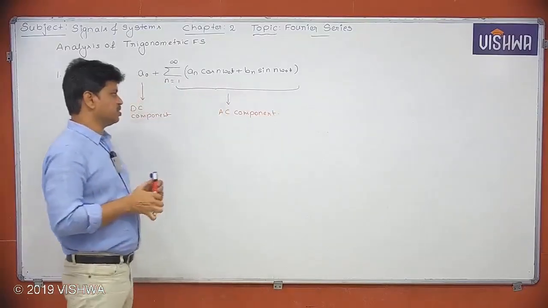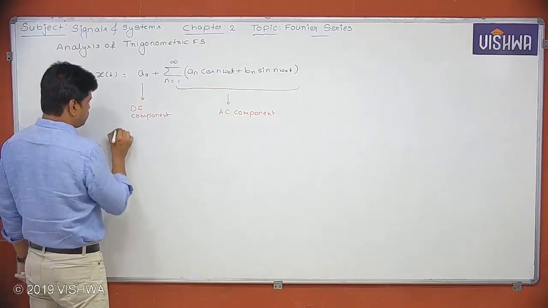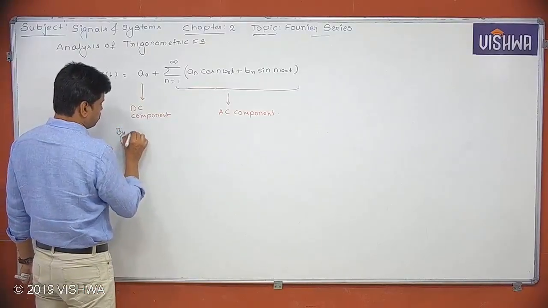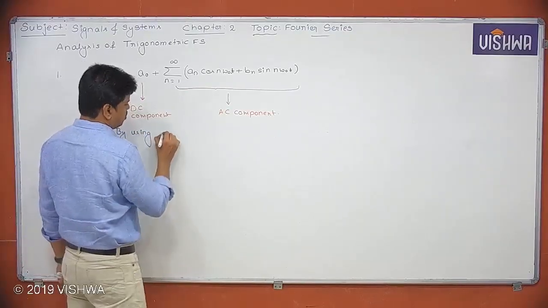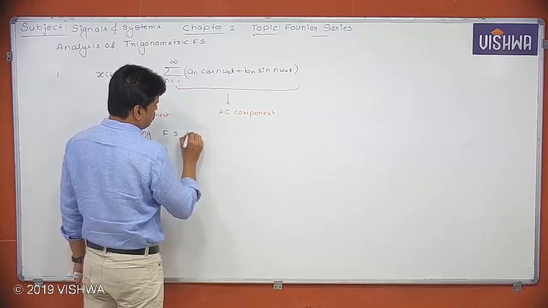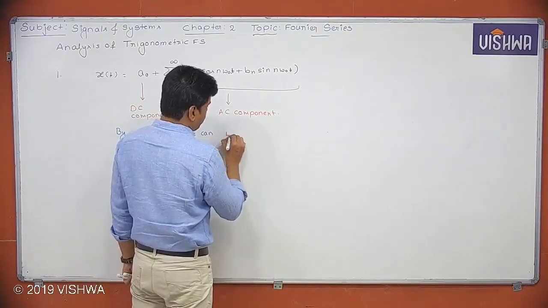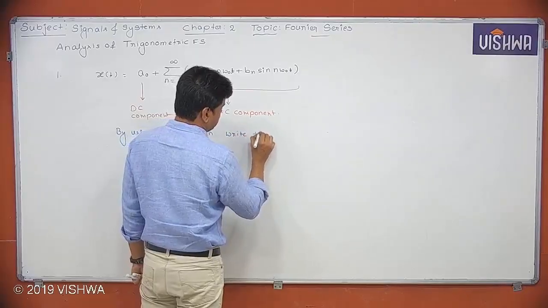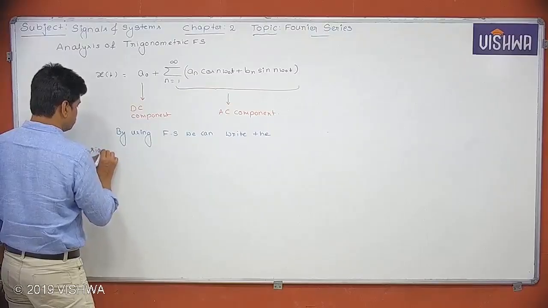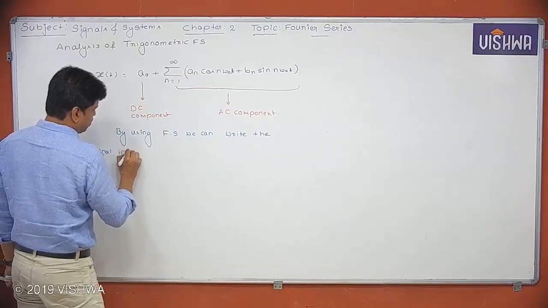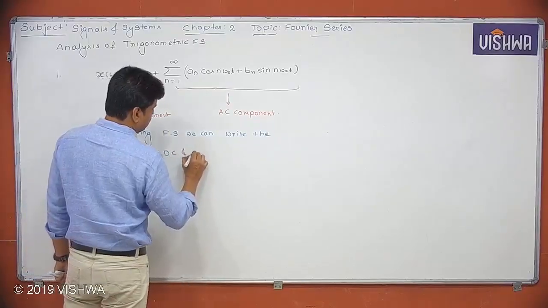AC component. So I can simply say by using Fourier series, we can write the signal in terms of DC and AC component.